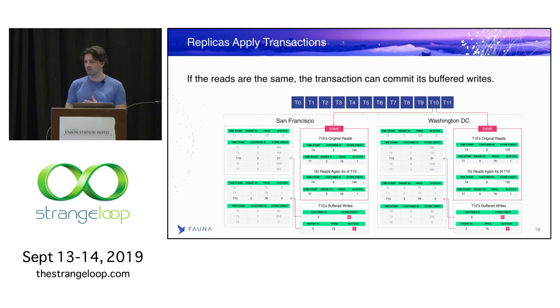So it's safe to apply the write effects of this transaction to the underlying storage. I'm not saying commit because technically commit already happened when the transaction was made durable in the log. You can't lose it anymore. So we call this phase apply.